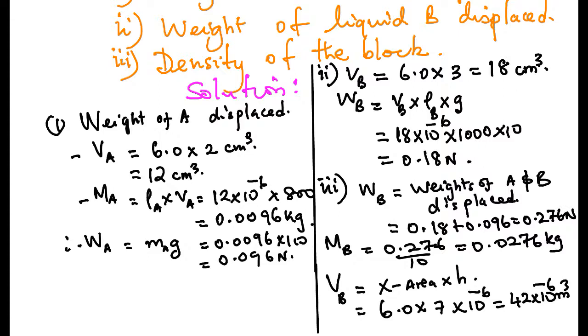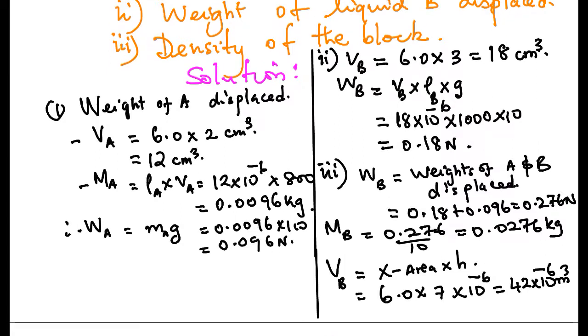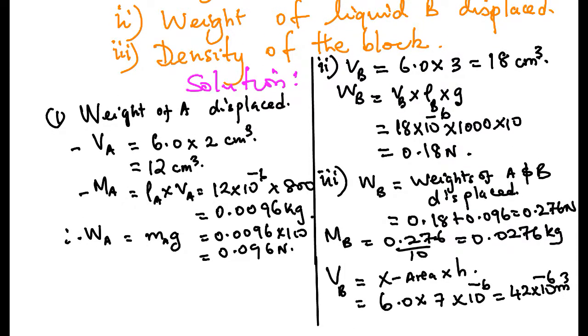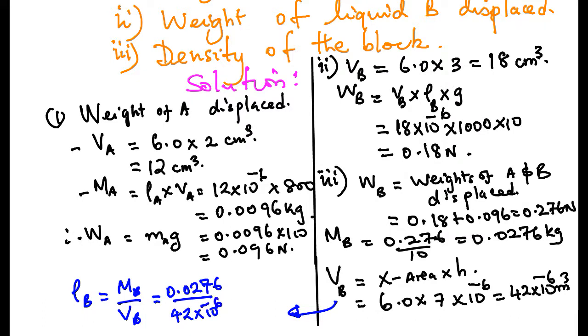Therefore, the density of the block is equal to mass of the block divided by volume of the block, which is 0.0276 divided by 42 times 10 raised to power negative 6, which is basically 657 kilogram per cubic meter.